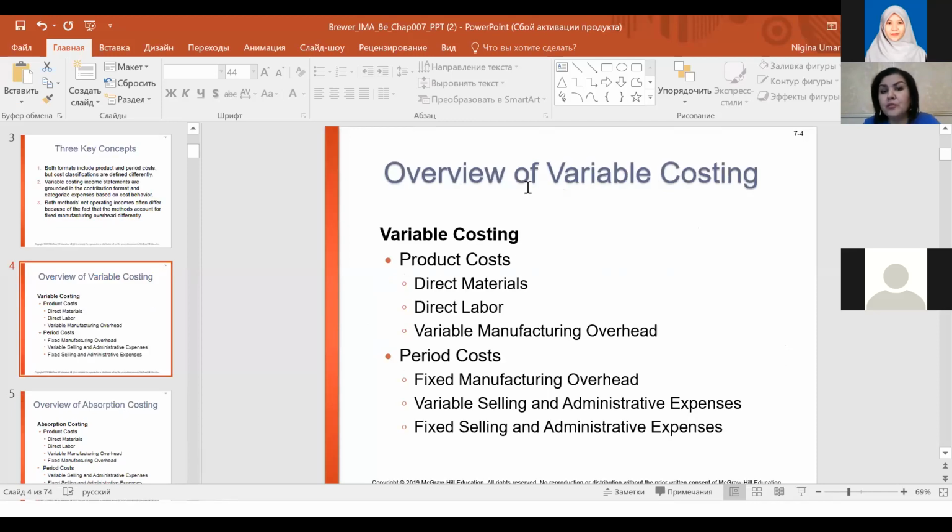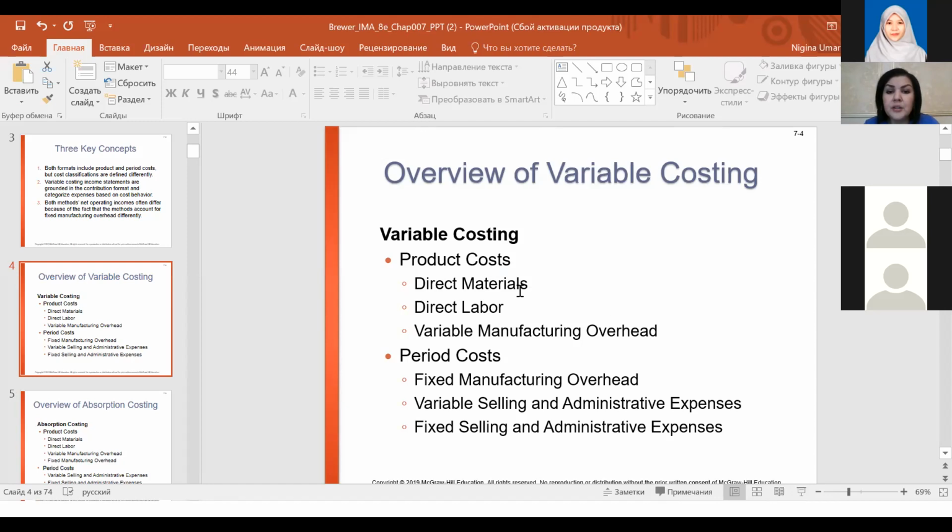So, overview of variable costing. Variable costing, do you remember? In product cost, we include only variable costs. Direct materials, it is variable. Direct labor, variable cost, and variable manufacturing overhead.